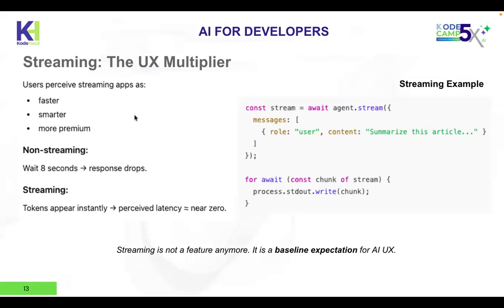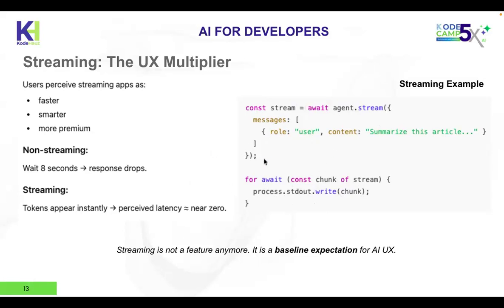Mastra has built-in streaming, right? So you can essentially just call agent.stream, okay? So in this streaming mode, you are already in streaming mode and you get the stream. And from that stream, you can just pull whatever comes from it and begin to write it out straight into wherever you want to write it out, process or standard output, or if you want to push it into a chat interface or whatever, right?